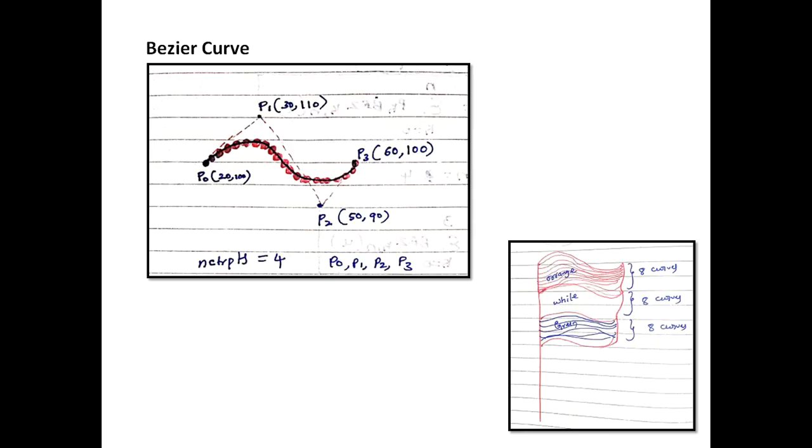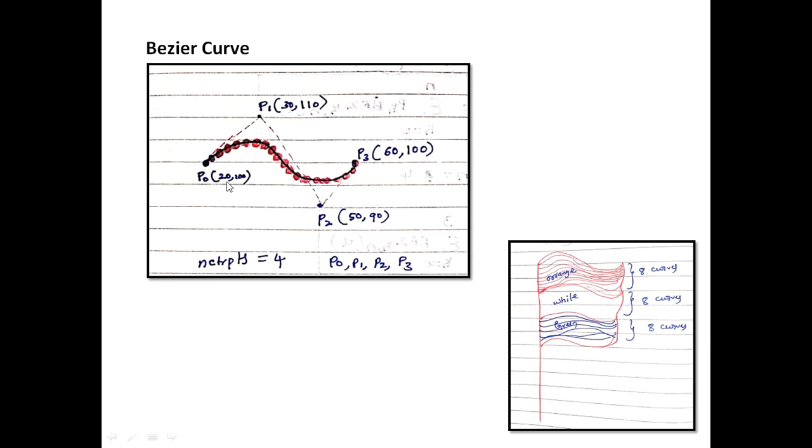So let us discuss, out of 24 curved surfaces, how we can create one Bezier curve. To create one Bezier curve in our lab program, we give four control points. The first control point is called P0, and its coordinate position is 20, 100.